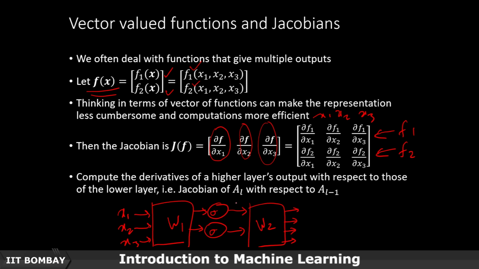So the partial derivative around this block is straightforward because it's a point-wise nonlinearity. However, when we go from here to here, the partial derivative is precisely W itself, right? That's what we saw in the previous part of this lecture.